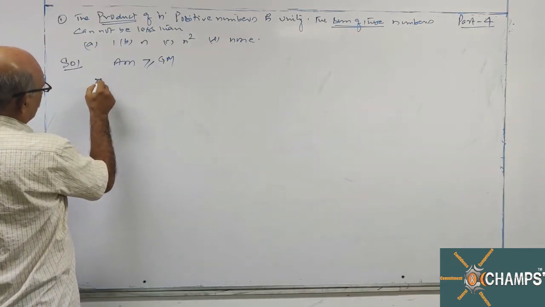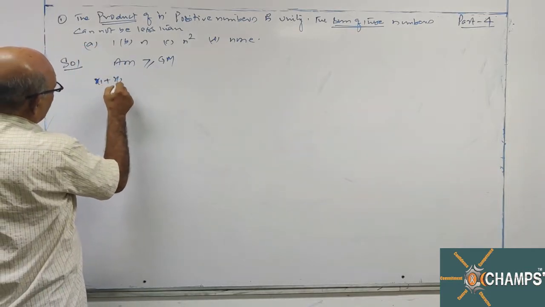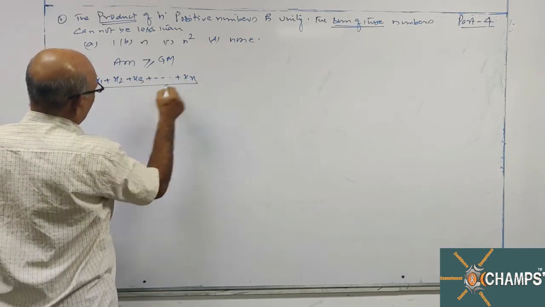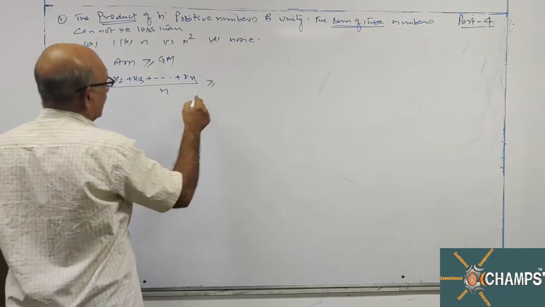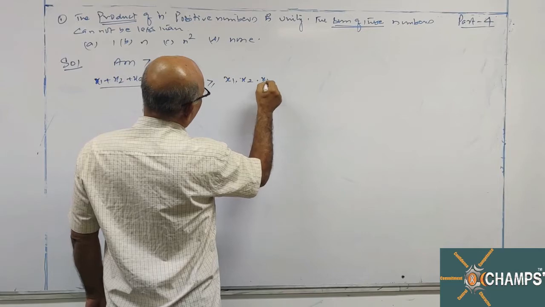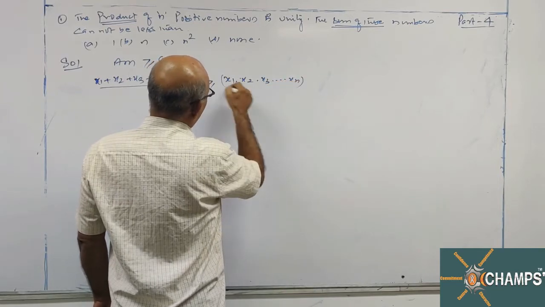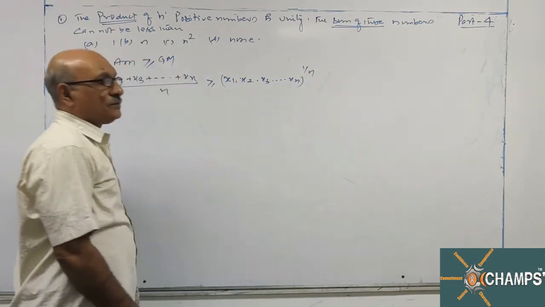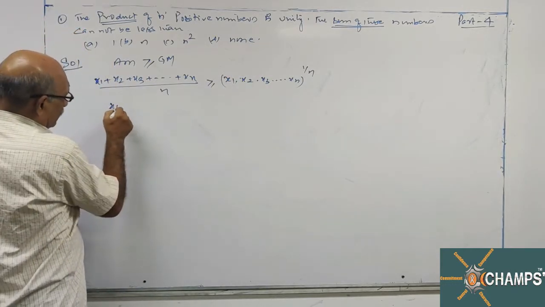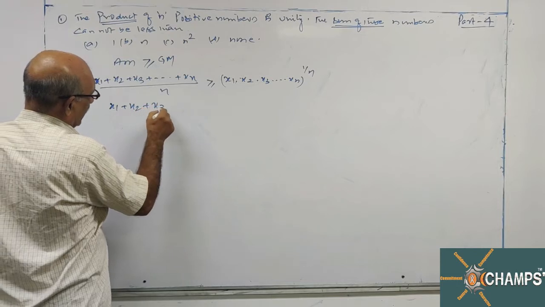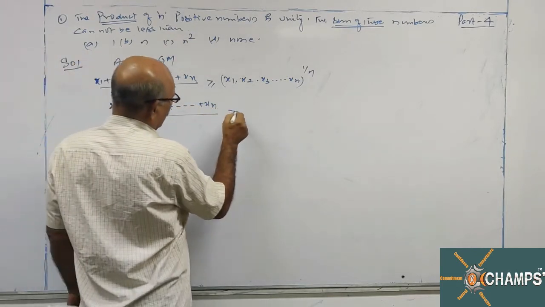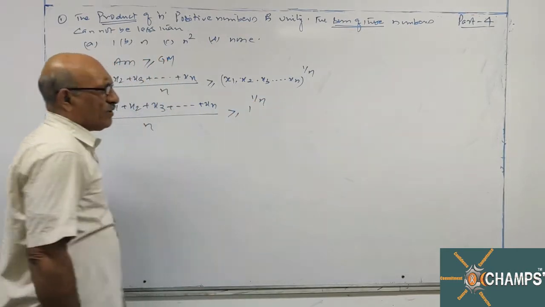So x1 plus x2 plus x3 plus etc plus xn divided by n is greater than or equal to x1 into x2 into x3 into xn whole to the power 1 by n. Now this is greater than or equal to 1 to the power 1 by n.